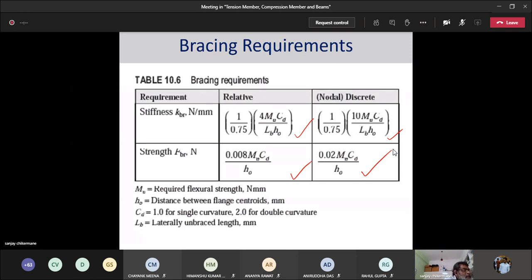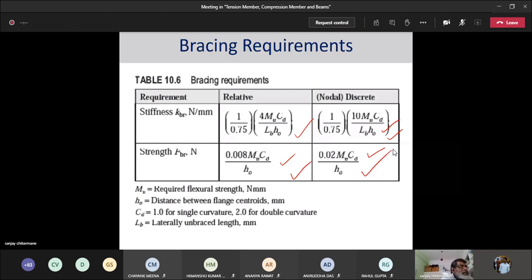If you see the relative bracing, which is where you're bracing one system relative to another, the requirement for strength is much lesser than when you're bracing a system as a nodal discrete system. Also, the stiffness of this is much higher than the stiffness of this.